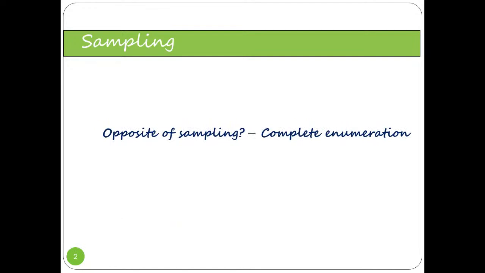Okay, so what is the opposite of sampling? The opposite of sampling is complete enumeration. Complete enumeration usually happens in India as the census, or else a population-based study, for example an immunization study.